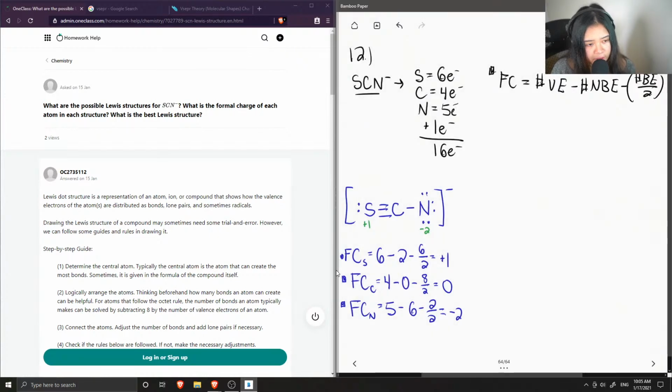So let's try to draw a different resonance structure. Let me try to color code it. So let's see if we have a double bonded sulfur and a double bonded nitrogen.